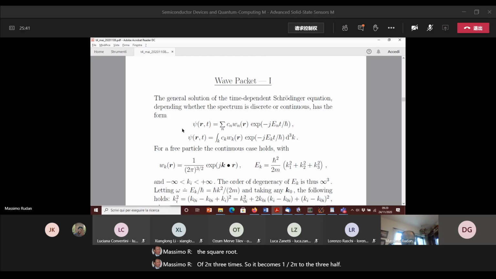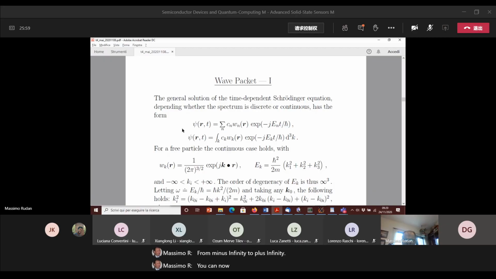The notation that we are using here is such that the components of k can be either positive or negative. So each component, ki, goes continuously from minus infinity to plus infinity.